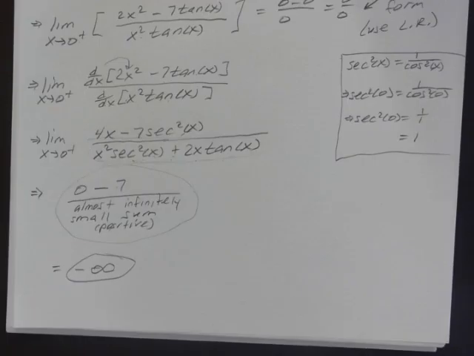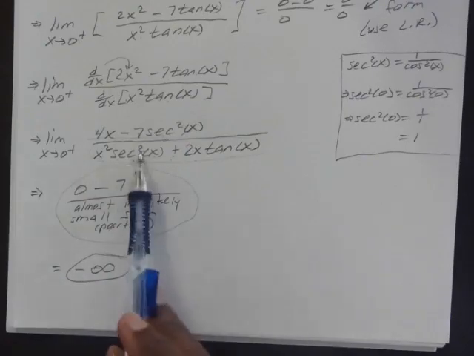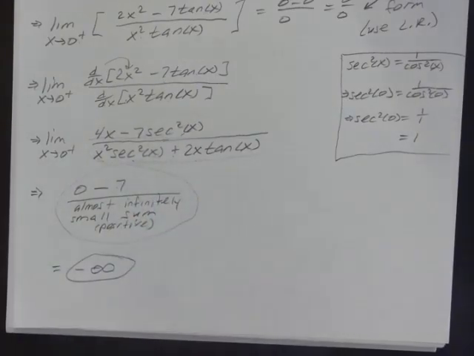I mean, you can, and you'll get the right answer, but it will just take a very long time. And you'll just get different combinations of tangent and secant squared and all of that.